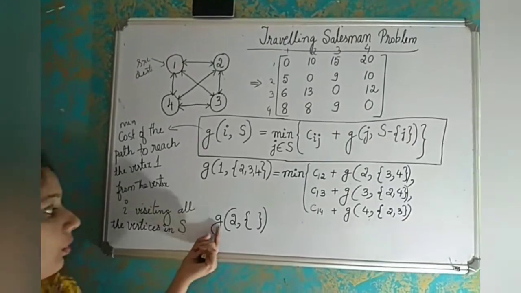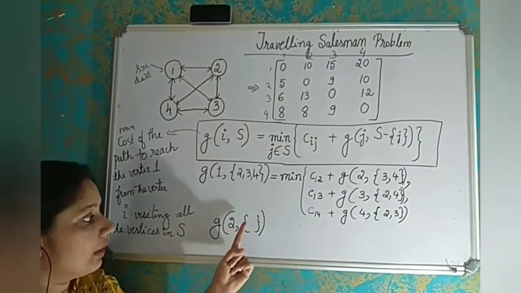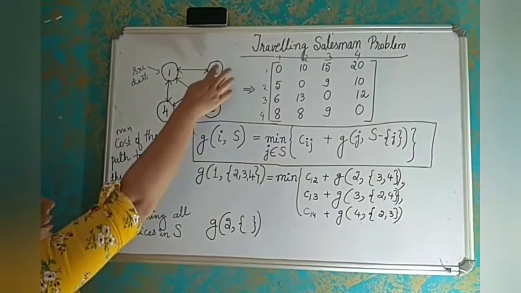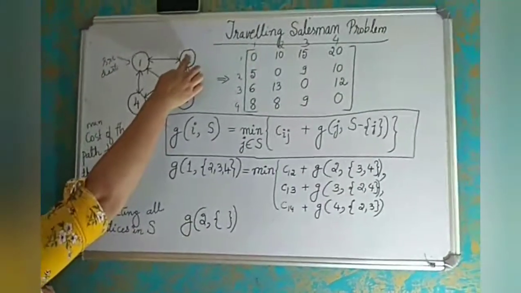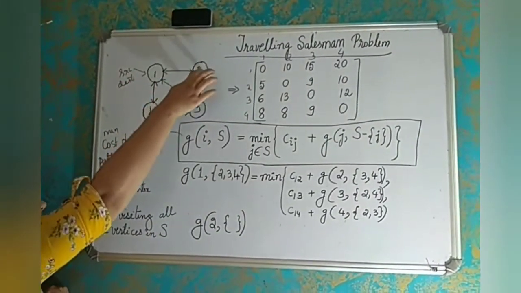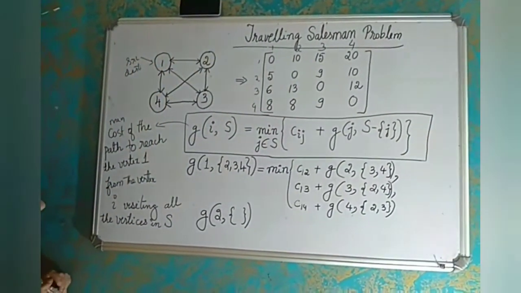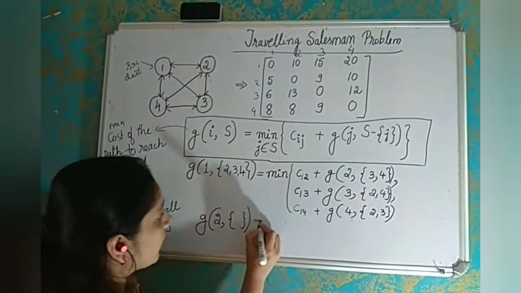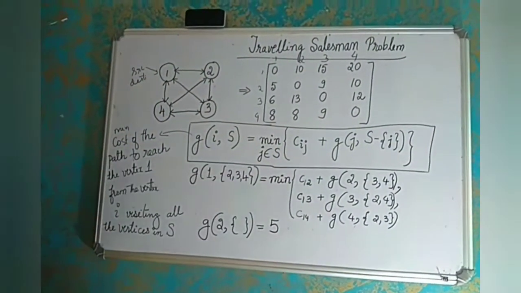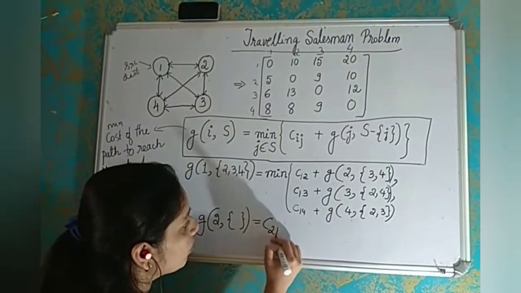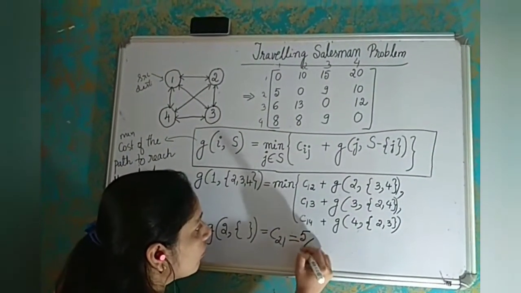Now, what is G of 2, null set? Without visiting any of the vertices, what is the cost of reaching the destination 1 from 2? That is C21, which is equal to 5. I can directly write this as 5: 2 to 1 is nothing but C21, equal to 5.